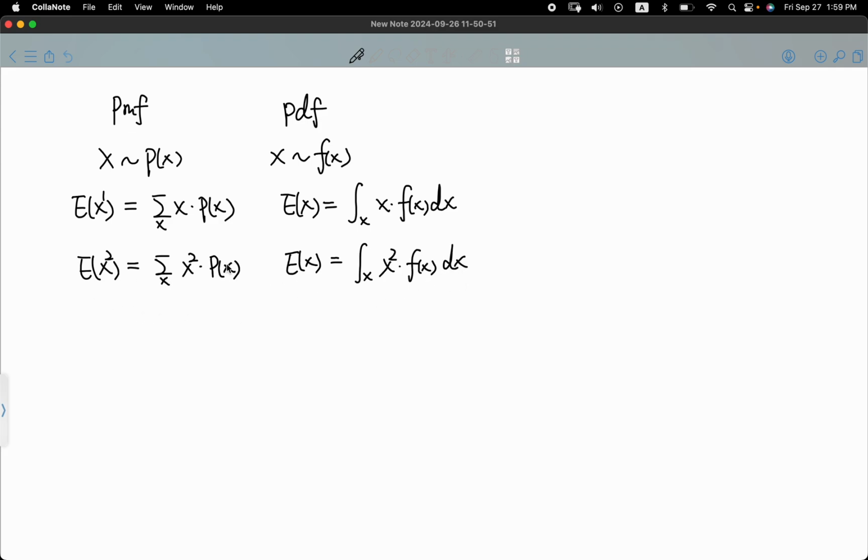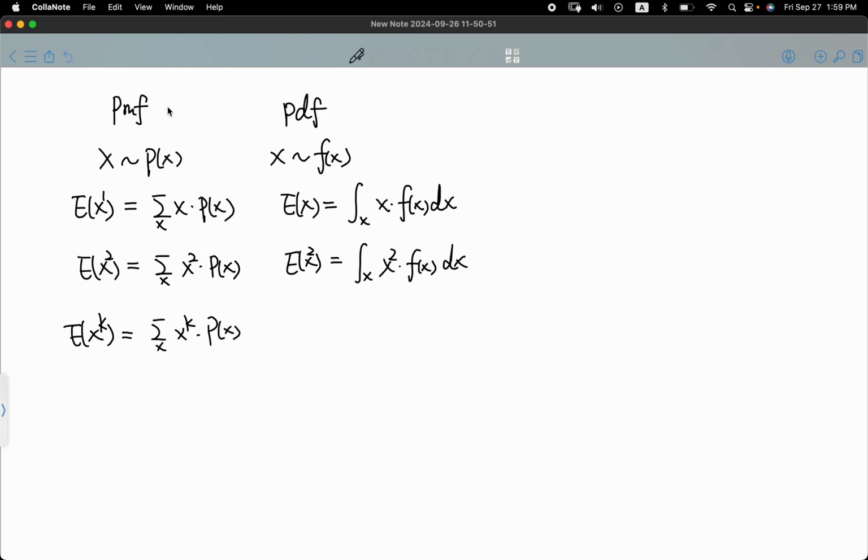For these two, the first moment and the second moment, we can also generalize to the kth moment, which is the expected value of x raised to the power of k, and then we have a summation of x raised to the power of k multiplied by the probability mass function.